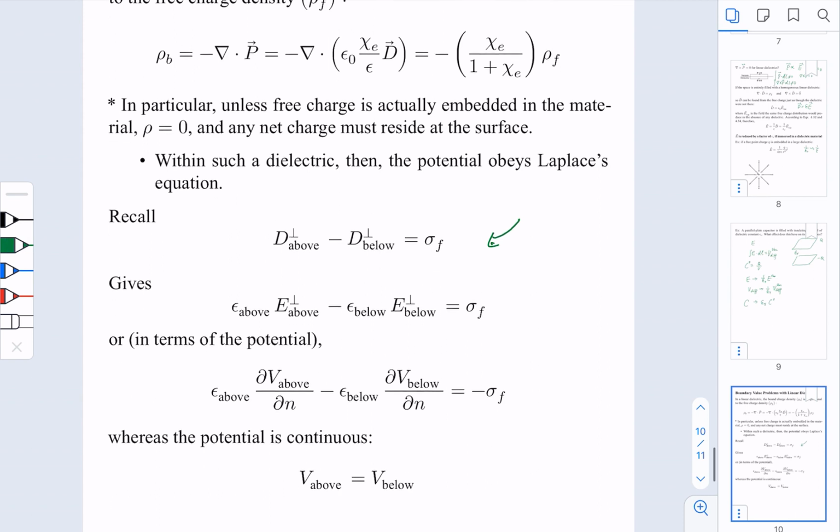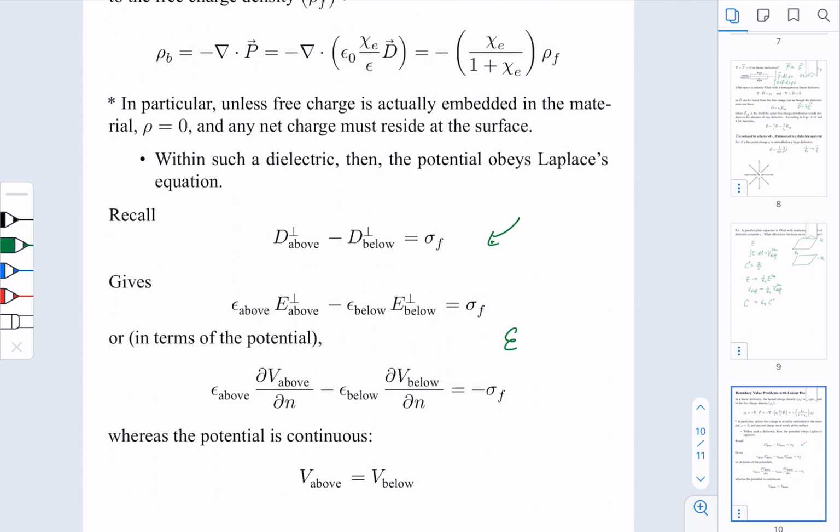Just to remind you, what I write on the right hand side is the boundary value condition for the scalar potential near the boundary.